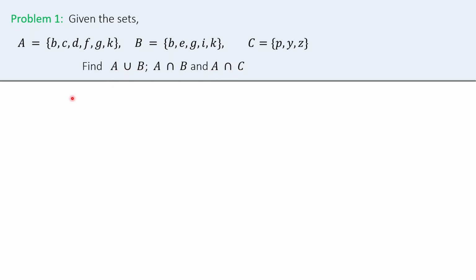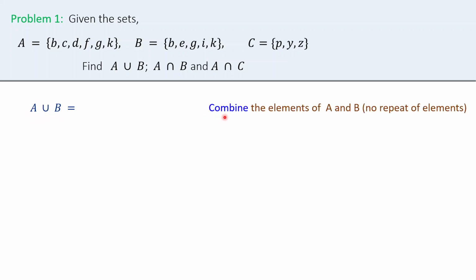First, A union B. For A union B, you need to combine the elements of set A and set B, but no repeat of elements. So combine the elements of set A and set B. First put the elements of set A. Now add the elements of set B. This B is already here, so don't put it again.